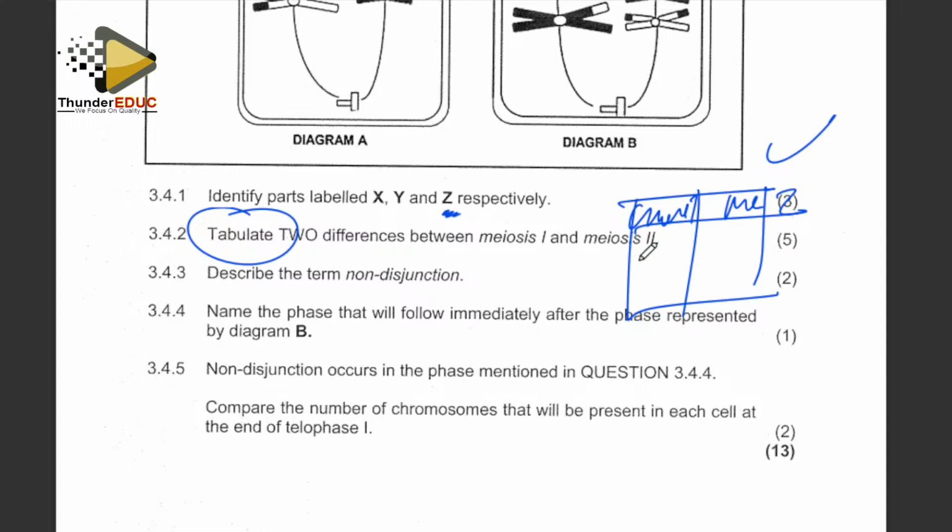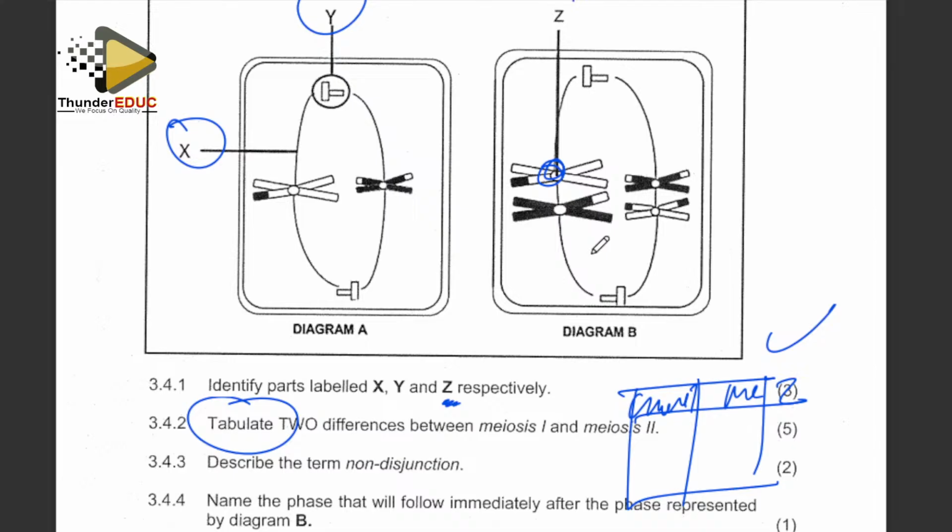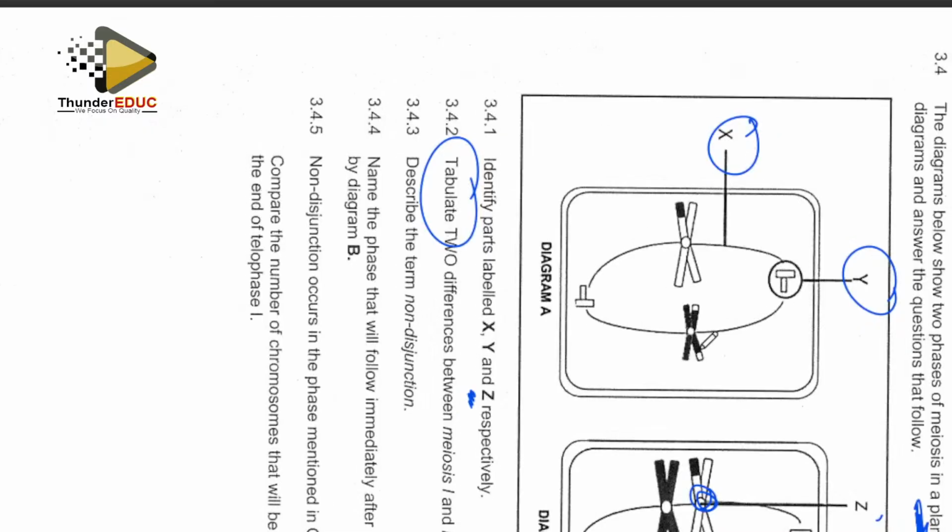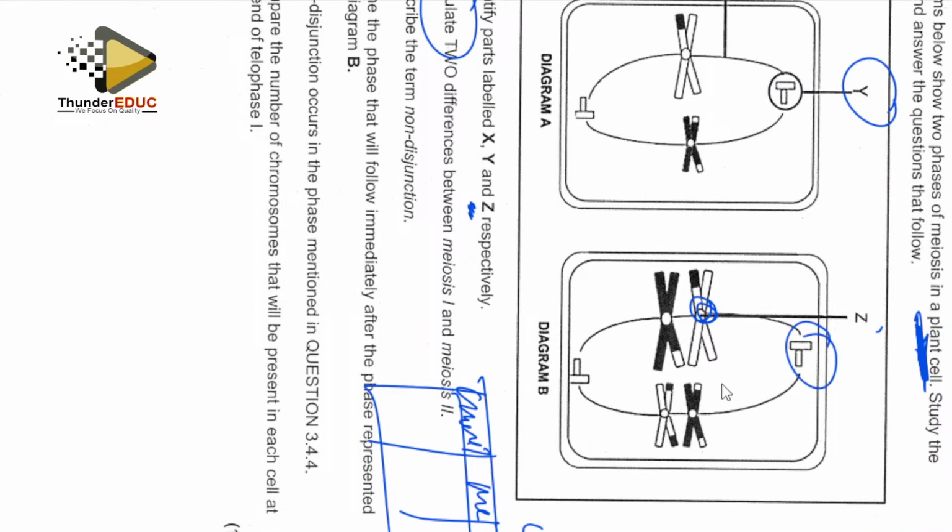Name the phase that will follow immediately after the phase represented by B. What is B? Remember, I told you that when you have such questions, this is what you do. Rotate it so that these things are on the sides. You see that now the chromosomes are in the middle. So this is metaphase 1. So the next phase, what did they say?